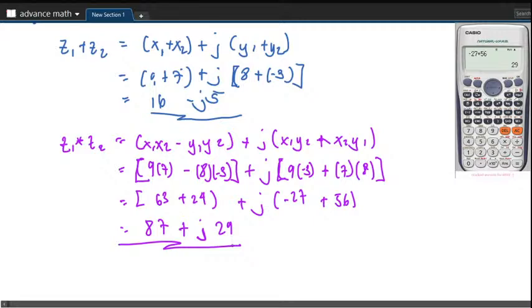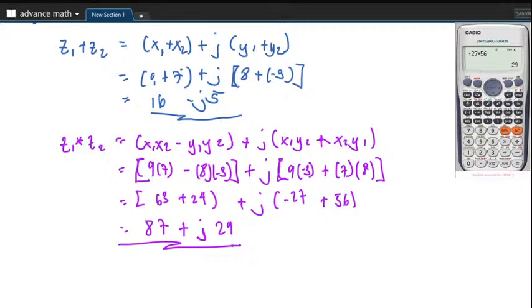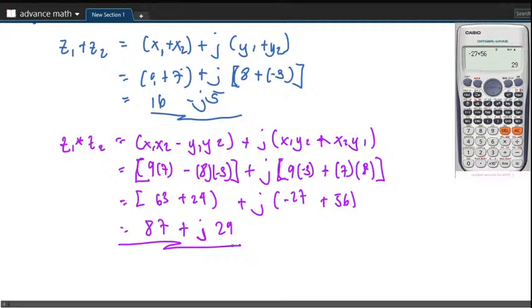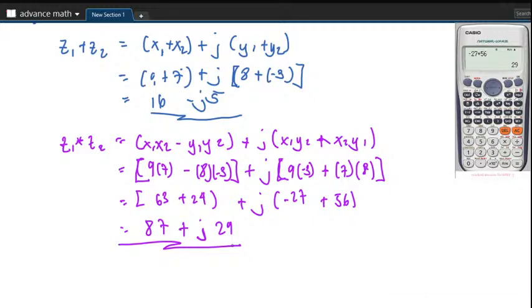So if you are using a 911 or 570 ES calculator, it will be much easier for you to check your answer. So we will use here the calculator technique in solving complex numbers, addition and multiplication of complex numbers. This is just for checking.